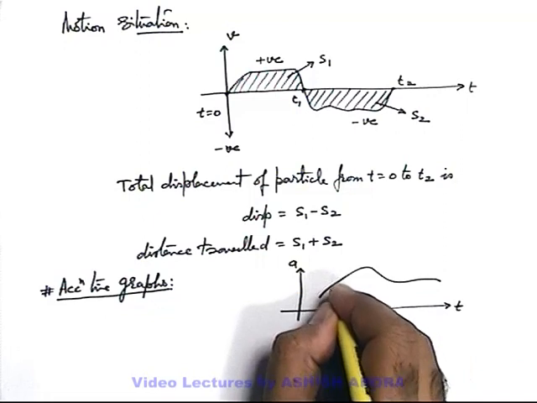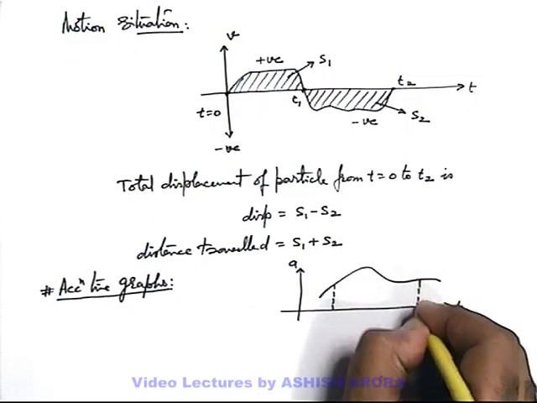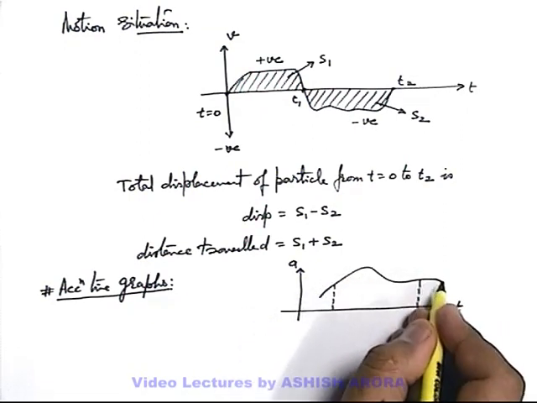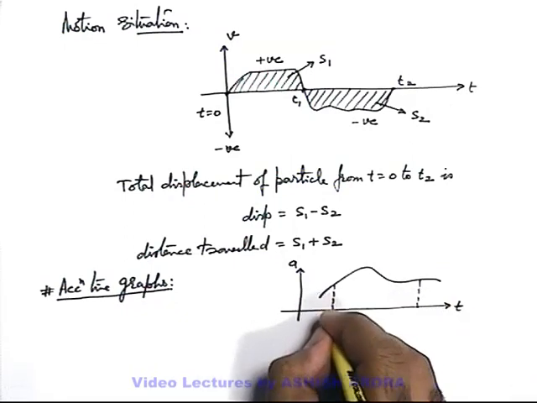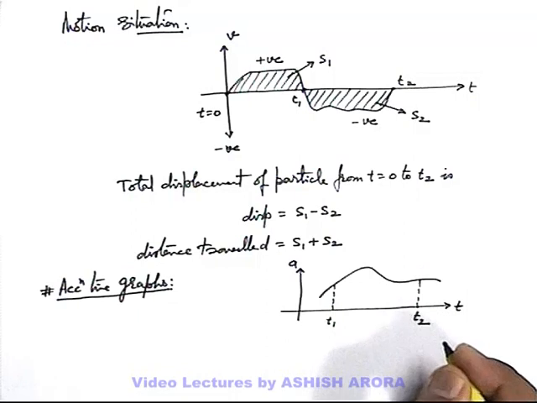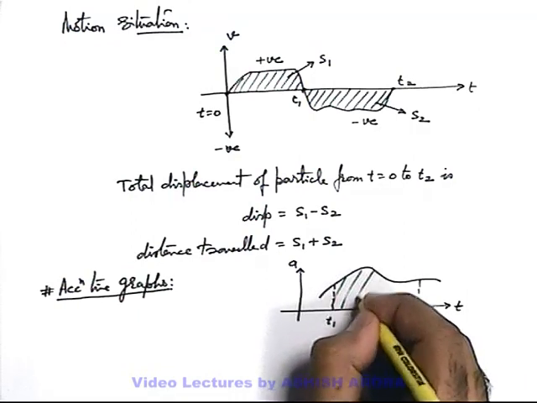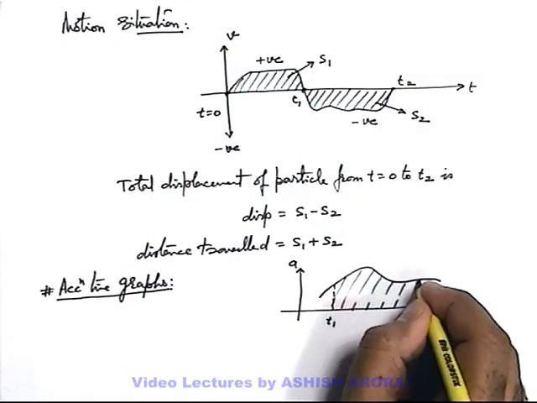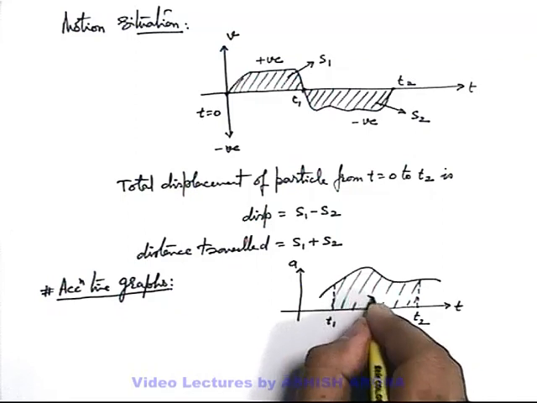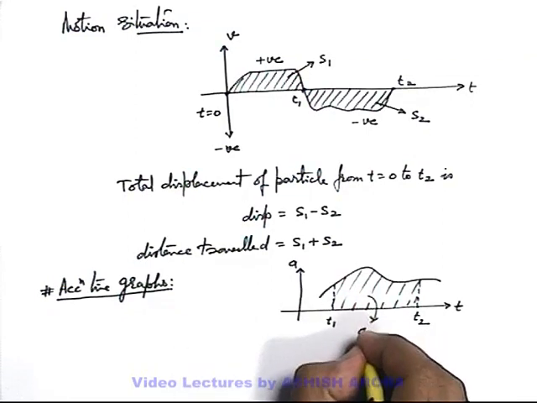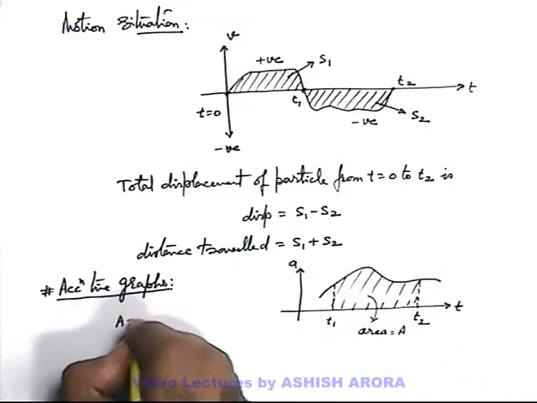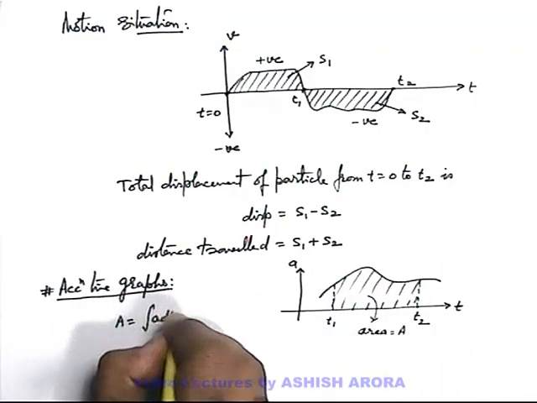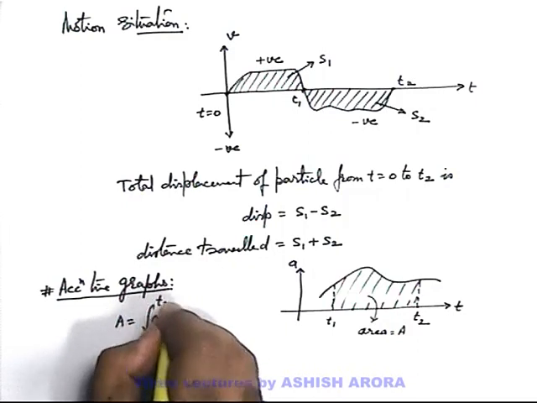But when we talk about the area between the acceleration-time curve and the time axis between two instants t1 and t2, certainly it is of quite some importance. If we find out this area, say A, this A can be written as integration of a dt from time t1 to t2.